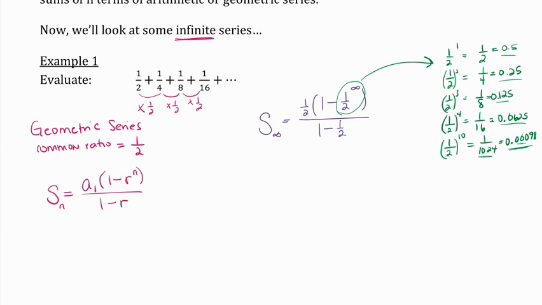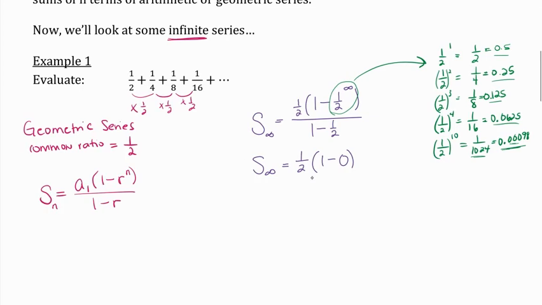So really what we're looking at here is the sum of our infinite terms. We're starting with our first term, 1/2, and then that 1/2 to the infinity power is really like 1 minus 0, because 1/2 times itself an infinite number of times is going to get so small that it's going to be like it's a 0.